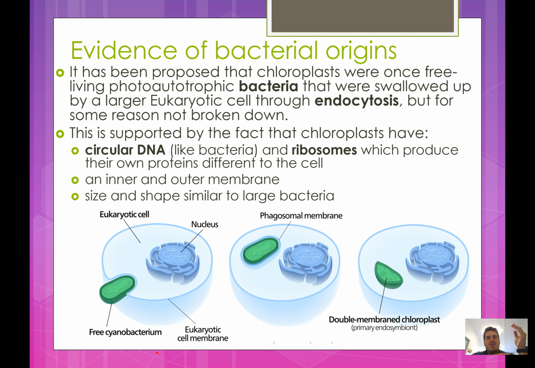And that is how we think that eukaryotic plant cells have gained the ability to use chloroplasts to undergo photosynthesis. They've developed what we call an endosymbiotic relationship with that bacterial chloroplast. So now cells in plants develop chloroplasts from a seed, which is a bit mind-blowing.